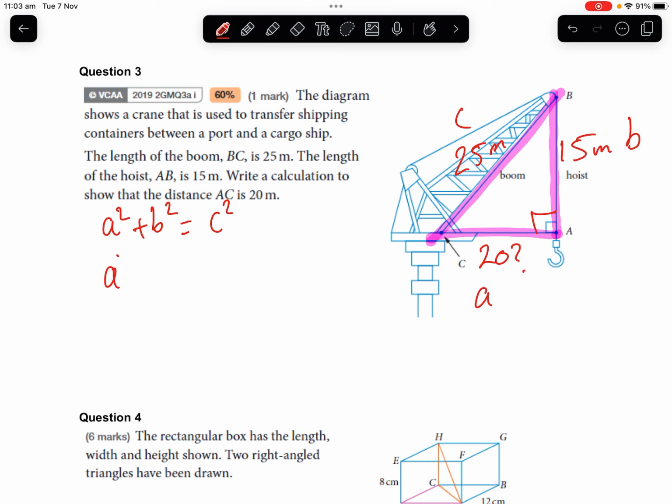So A squared is equal to C squared minus B squared whenever we rearrange this equation. Let's pretend we do not know A at the moment. So A squared is equal to 25 squared minus 15 squared.